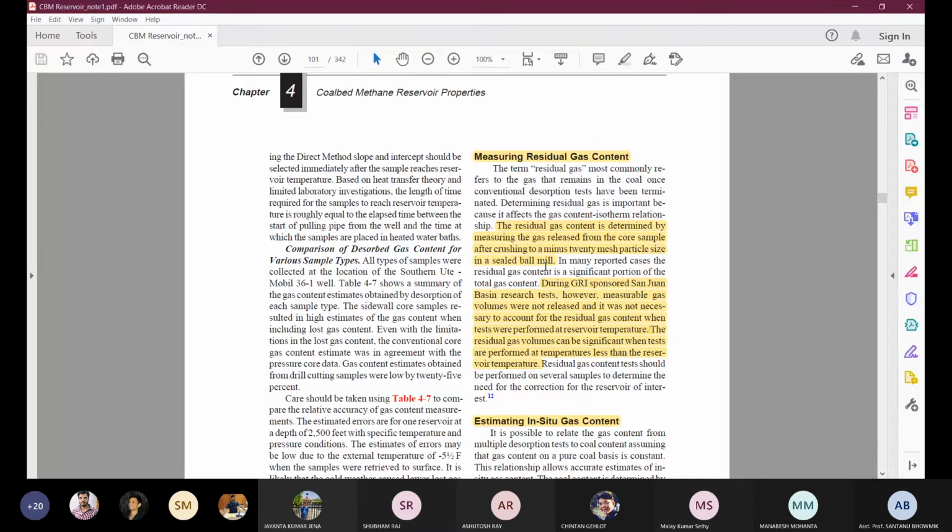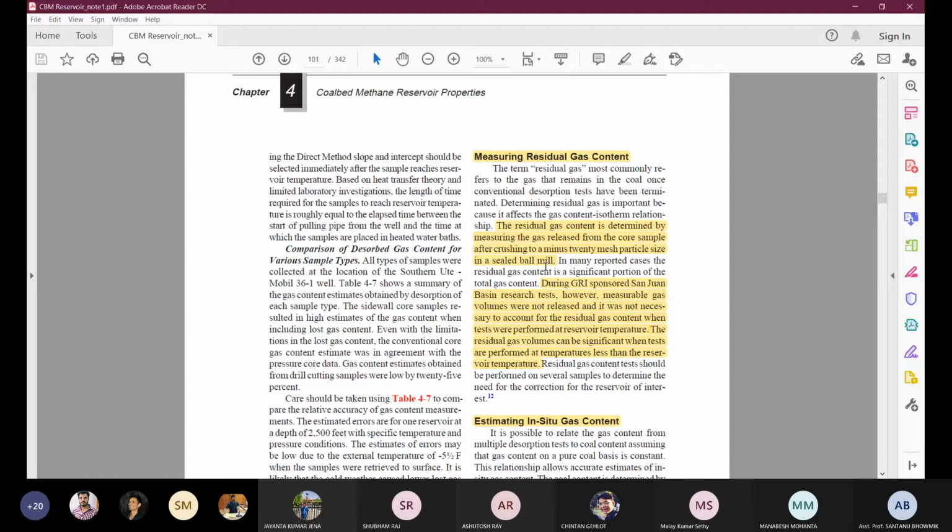Now you can understand that depending on the core sample you have taken, the desorption of the coal core is very low for the larger particle size. The rate of desorption, like the diffusion or adsorption rate, is also very low for the coal core sample, because the exposed surface area is very small.